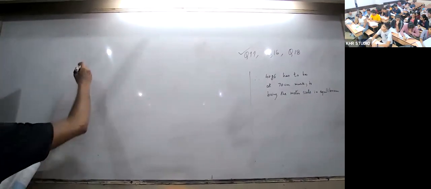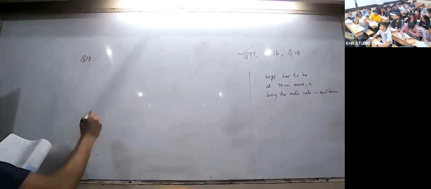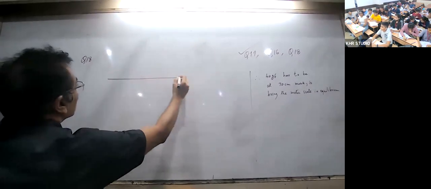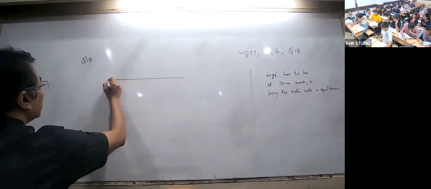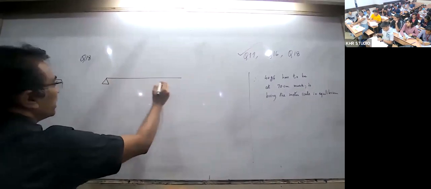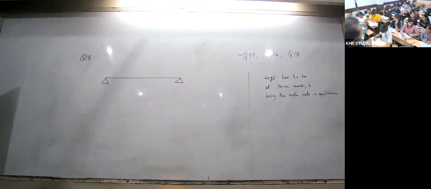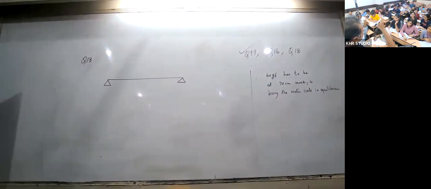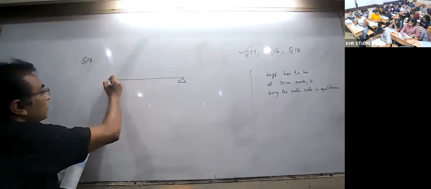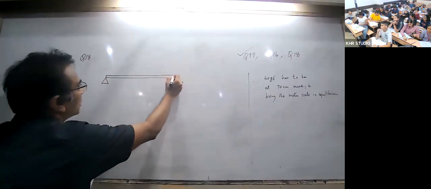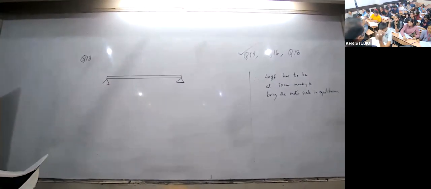Question 8. What do you have? You have a scale, right, which is now supported at both its ends. Till now we have seen only a pivot somewhere near the midpoint, right? But now it is supported at both the ends.